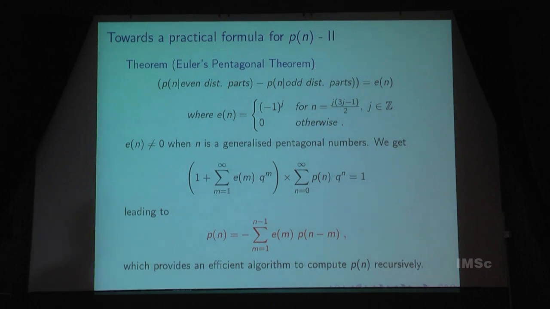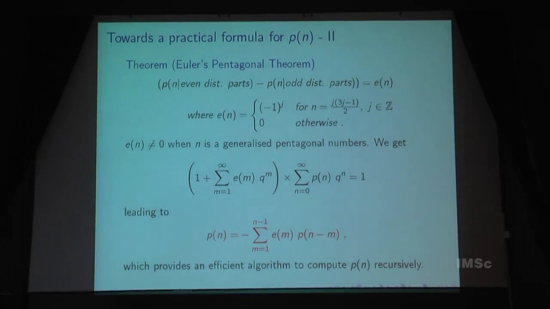Wikipedia has nice pictures. I didn't have time to draw the pictures, but you need to include the plus sign, which you can do by letting j run over Z, the full integers. So these are called generalized pentagonal numbers, and only for these numbers are these two not equal.